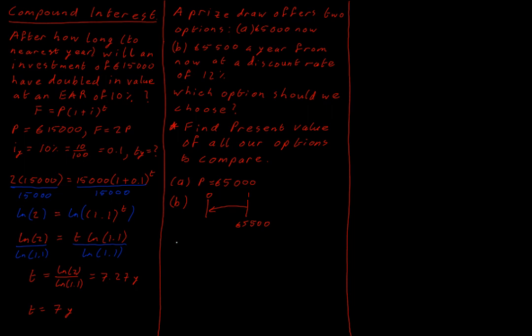So let's write out our information. We recognize this as a present value type of problem, or compound interest type of problem. So F is equal to P times (1 + i) to the power of t. What are my different bits and pieces for this? Well, my final value is what I've got, that €5,500 is my final value. My time is 1 year.